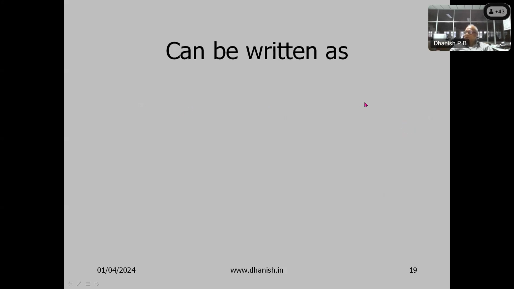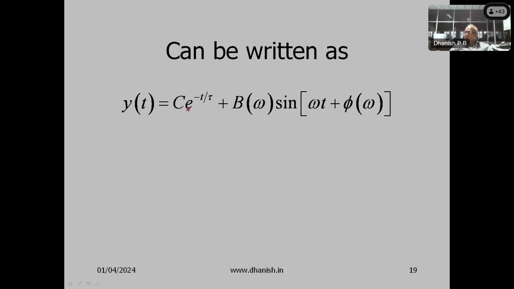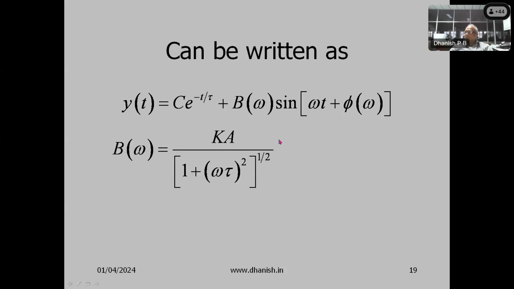So the previous solution, we can simplify into this equation: y at a time t is equal to c e raised to minus t by tau plus b omega into sine of omega t plus phi of omega. Here b is a function of omega, changing depending on the value of omega. b omega equals k by root of 1 plus omega tau squared, and this is the amplitude of the steady response.